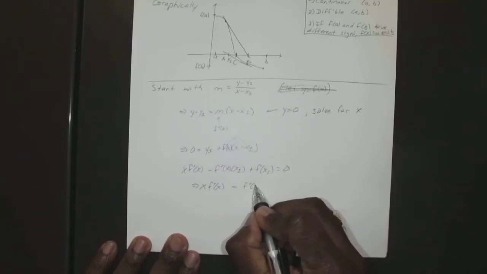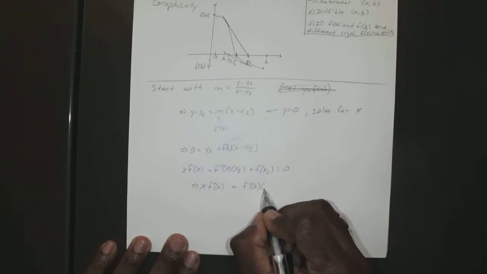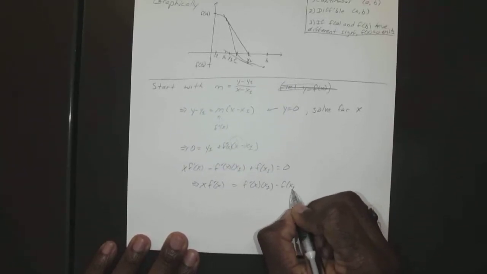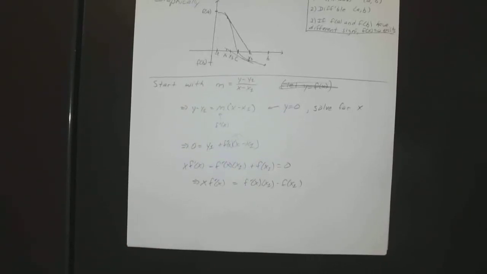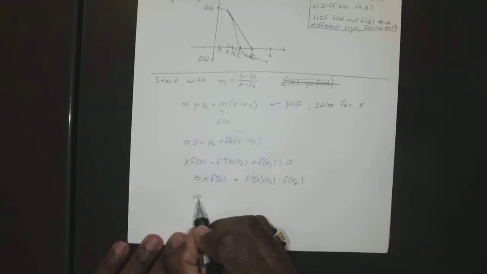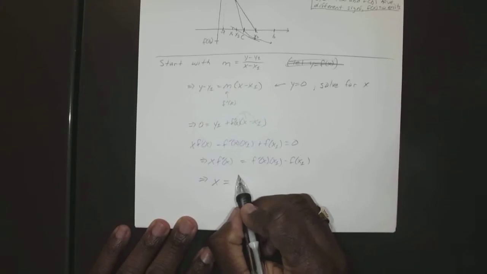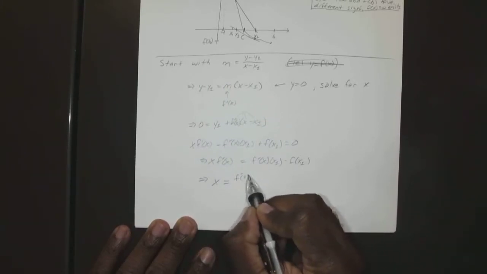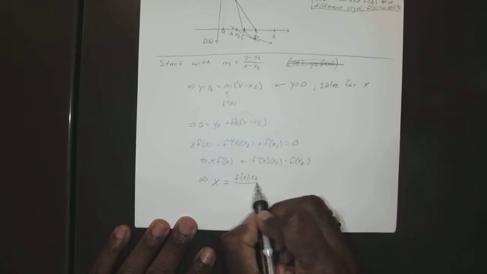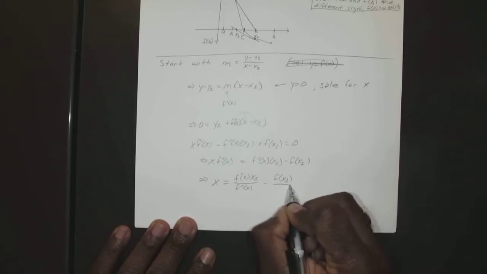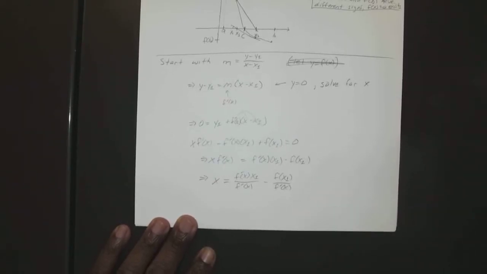Actually, we can make that f prime of x times x1 minus f of x1. Okay, just divide both sides by f prime of x. Our x is equal to, I'll go ahead and rewrite it, f prime of x, x1 over f prime of x minus f of x1 over f prime of x.